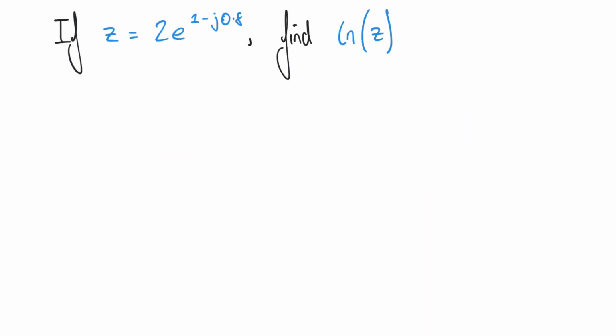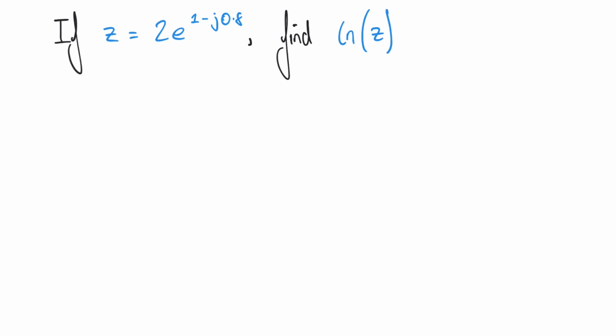Here's one last example using some of the same principles. We're asked this time to find the natural logarithm of 2e to the power 1 minus j 0.8.